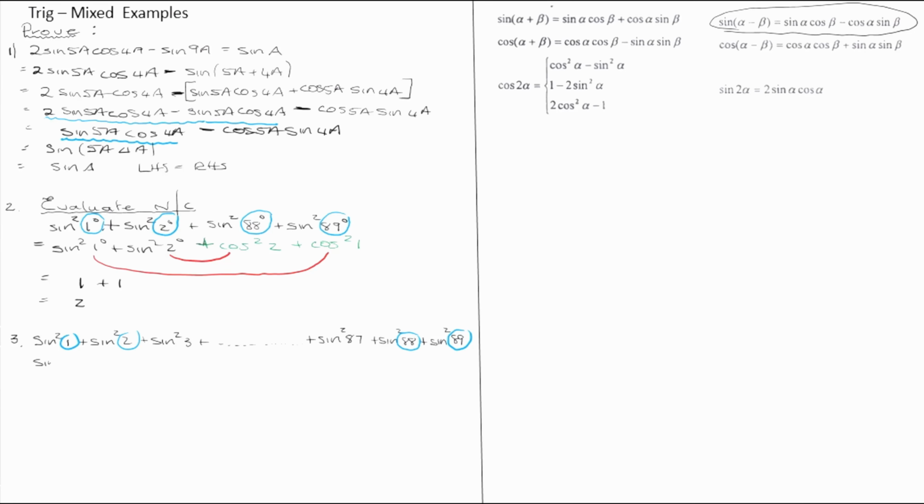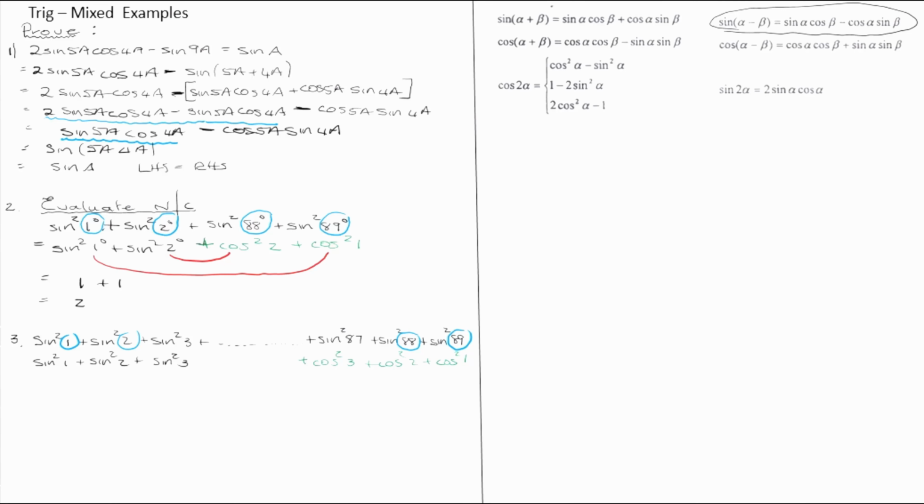So it will be sine squared 1 plus sine squared 2 plus sine squared 3, and then plus cofunction cos squared 3 plus cos squared 2 plus cos squared 1.